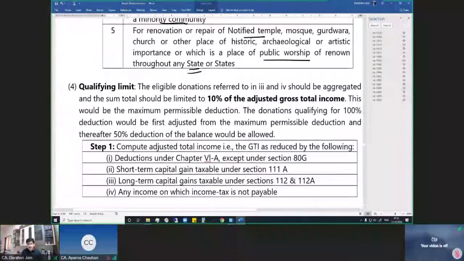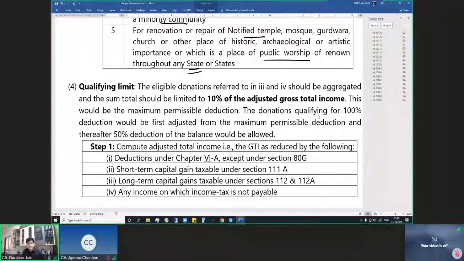Now let's understand what the 10% of the adjusted gross total income we were talking of is. Adjusted gross total income here would mean the gross total income that you have computed, adding all the heads and after set off of losses and inclusion of income of any other person.